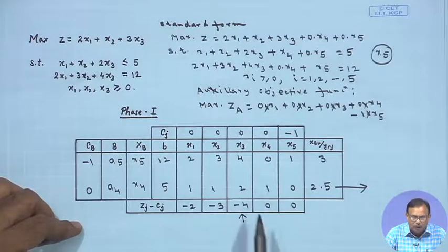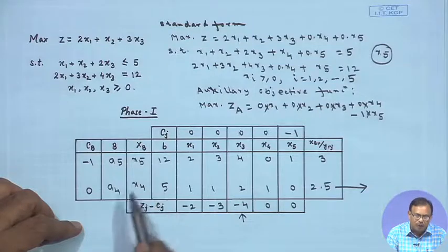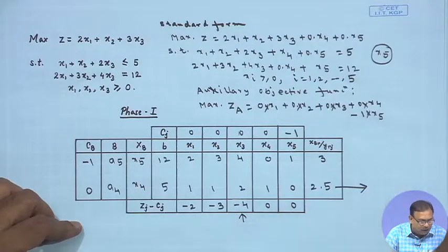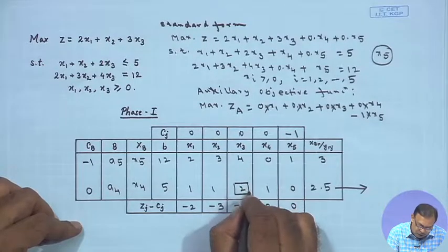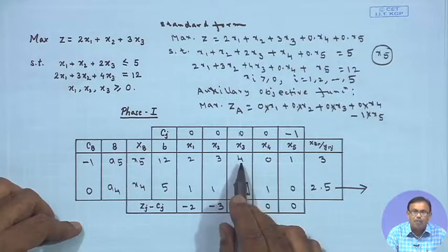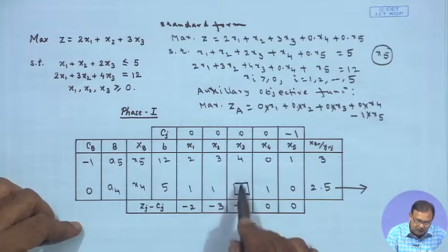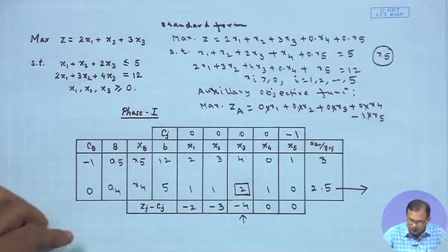So, in this particular iteration, your entering vector will be x3 and it will be replaced by the outgoing vector x4, and your pivot element is the intersection of these two, row and column. That means I have to make this element 1 and all other elements of this column 0, as usual.